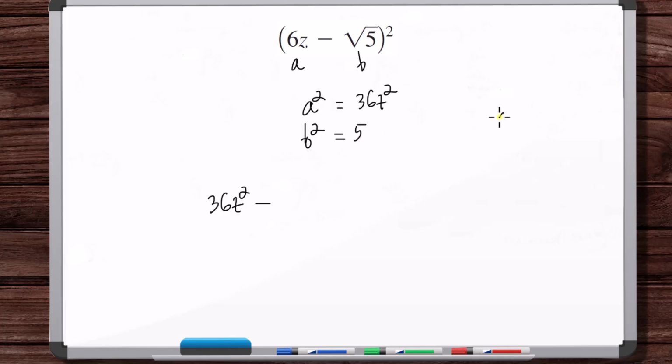And then, no, I'm sorry, that's 2 times A times B. So that's going to be 12 root 5z. And then plus B squared.